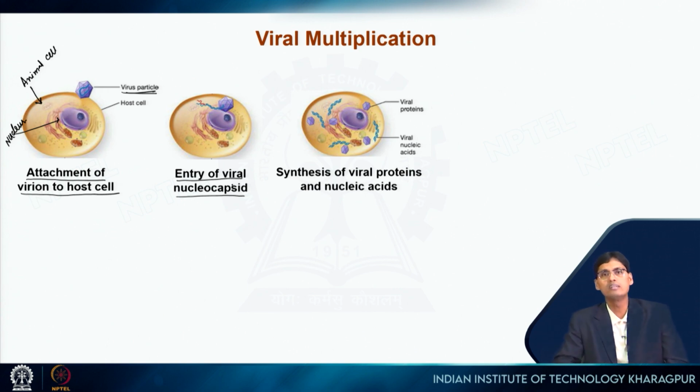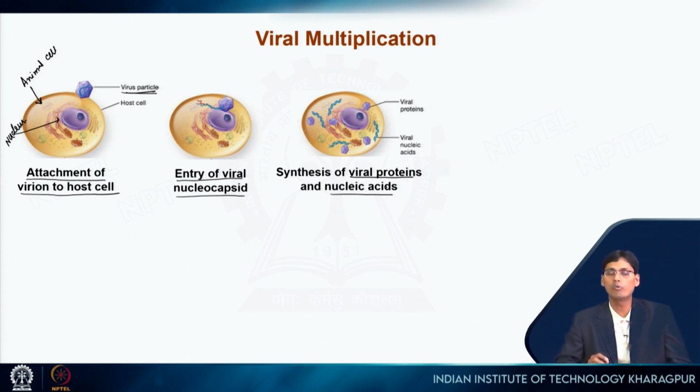And the next step is the synthesis of viral proteins and nucleic acid. Both are important. I just mentioned that in case of bacteriophage, the protein does not enter the host cell. That is true, and I also explained it in the first module when I was explaining the Hershey and Chase experiment, right?